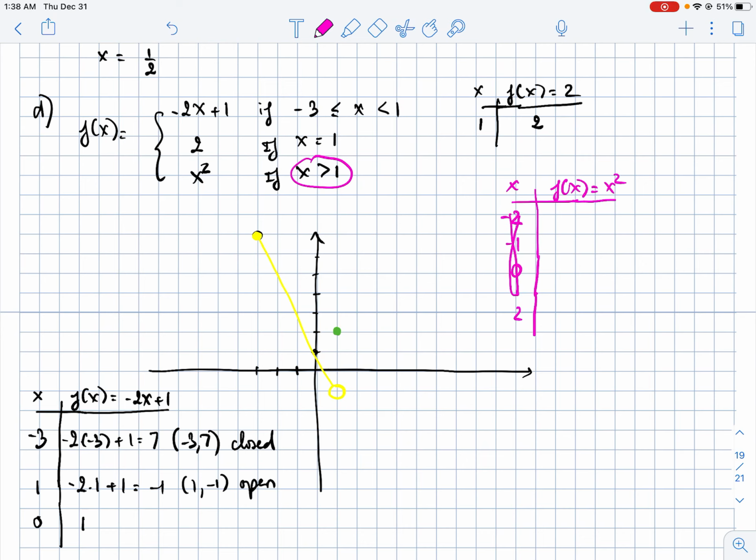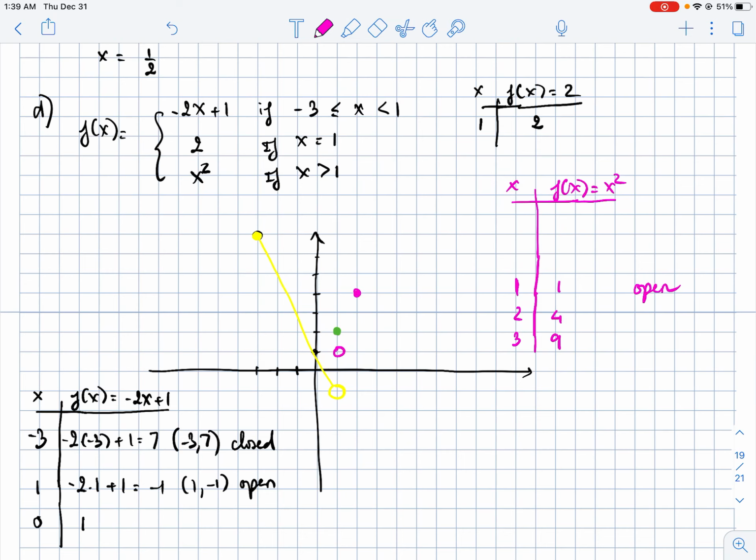The domain has to be greater than 1, so you cannot use those numbers. It's going to be 2. And of course, we will make 1 also, and at 1 it will be open. So 1 squared is 1, 2 squared is 4, and if you can, you make 3. 3 squared is 9. Starting from 1, you get (1, 1), and that will be open because at 1 you do not have the equal sign.